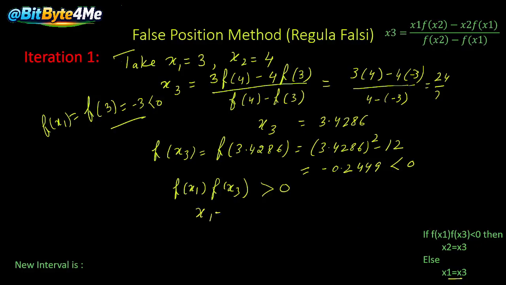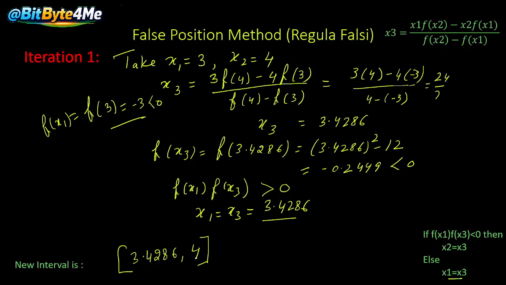So x1 is equal to x3, which is 3.4286. This will be the new value of x1. So the new interval will be 3.4286, 4. For the next iteration this will be x1 and this value will be x2.